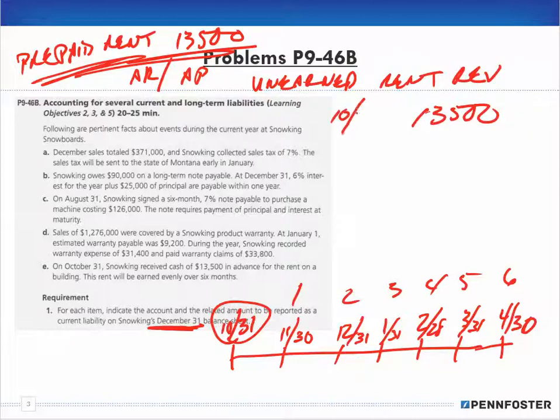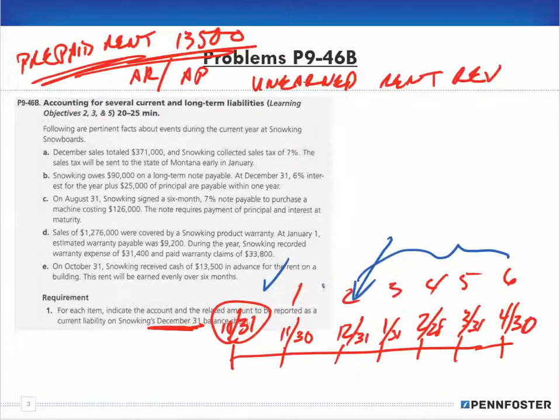That's on October 31st, but that's not what we're looking for. We're looking for the amount that's going to be in that account at the end of December. So if it's at the end of December, how much is left? How much is going to be left in that account on December 31st? We would have already earned the revenue for the month of October, and the month of November, and we would have earned the revenue for the month of December.